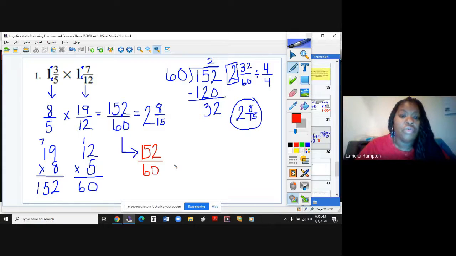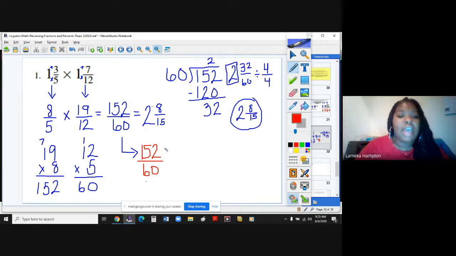Okay. So what I can also do here, I can go ahead and simply just divide. I can try to make this fraction smaller. Okay, so I can go ahead and try to do that, right? So if I do that, that means I will have to find my greatest common factor again. Okay, now 152 is a large number.